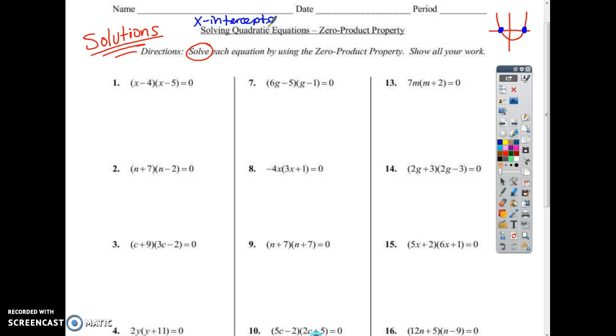Okay? So you're going to take the factors. The reason we find factors is so that we can also find solutions. We're going to use the zero product property. That means if I set this equal to 0, because they're all equal to 0, x minus 4 equals 0.